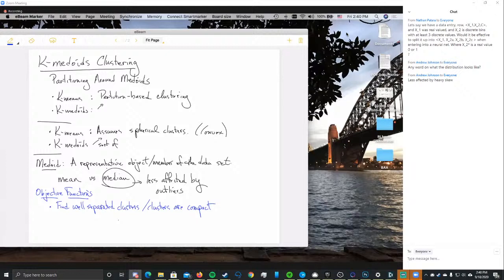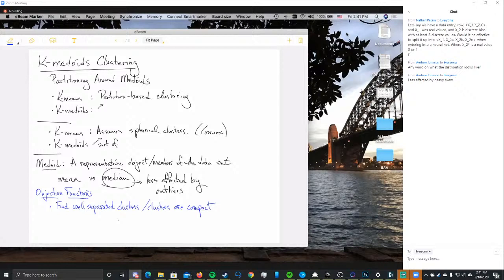In other words, think about calculating the average distance between all of the points that are within the cluster. We want that average distance to be relatively small. And now calculate the average distance between the points in different clusters, and we want that average distance to be large. So we want the clusters separated from each other, but within the cluster, the points to be close together.